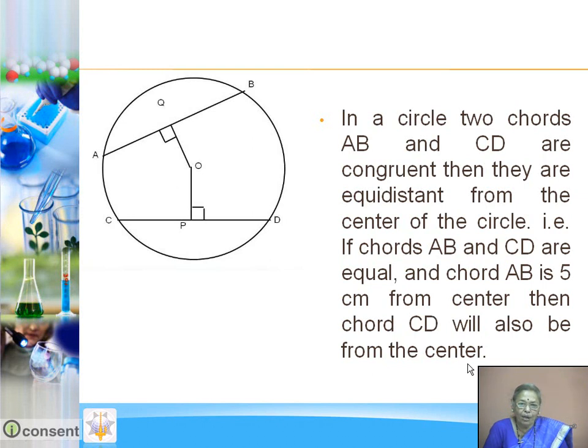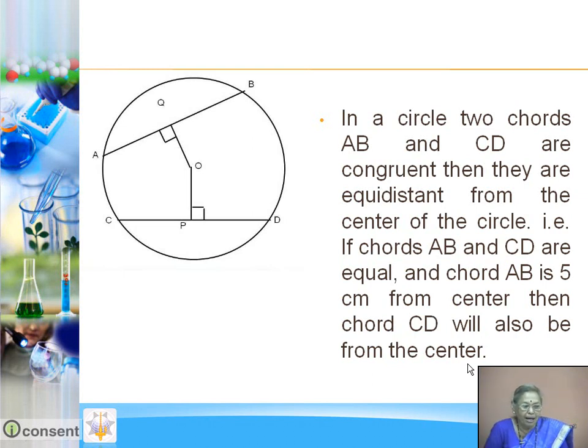Now, think about it when the chords are of different length. If the chords are of different length, what is the distance of them from the center of the circle? The chord which is long is at a shorter distance from the center of the circle, and the chord which is smaller is at a longer distance from the center of the circle.